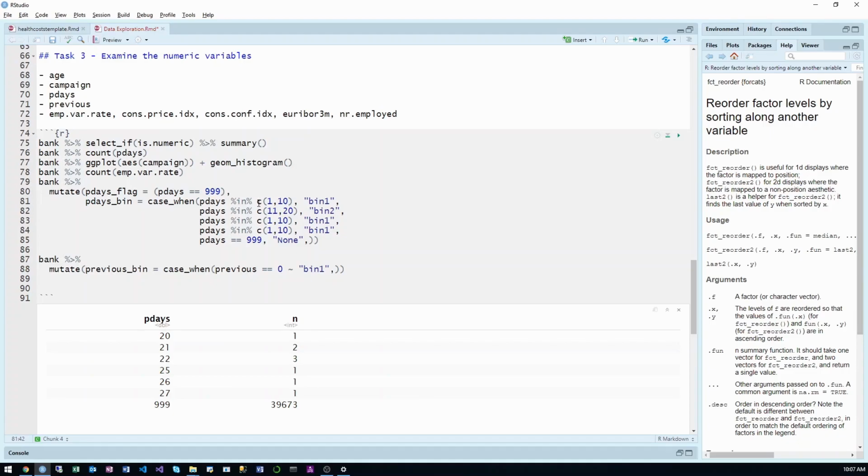So it would have all the values from 1 to 10, and then from 11 to 20, and then 20 to 30, 30 to 40, and so forth. And then it would have a separate category for none, which would be 999. Then you could include this. If you use either of these, you'd want to remove the original pdays variable so that you don't have a linear dependency in the model.